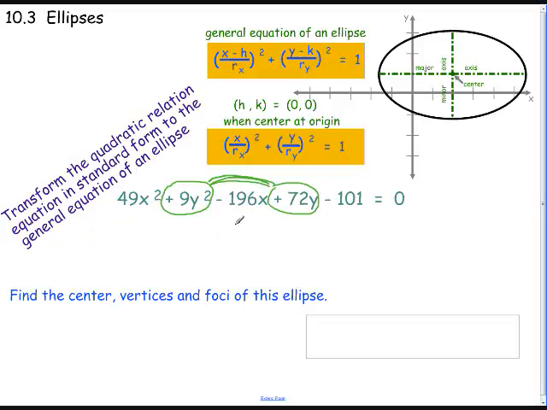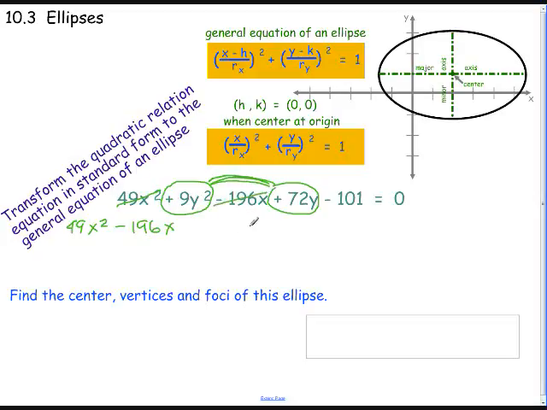We're going to try completing the square. And then we've got, let's get it over here, 49x squared. So I got that one. And now we're going to subtract 196x. What a mess that is.